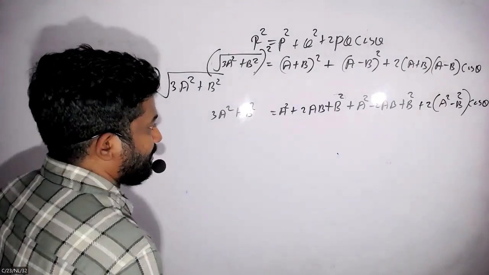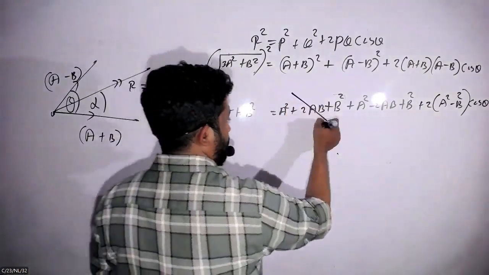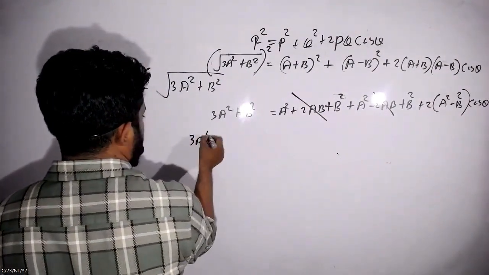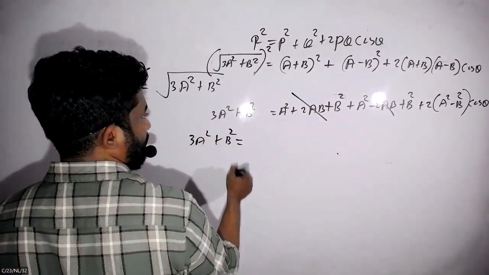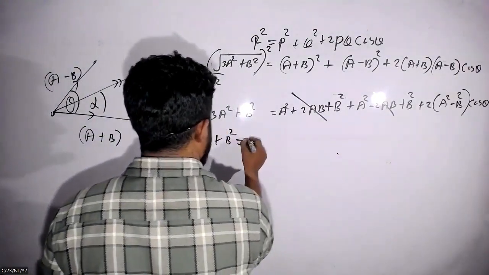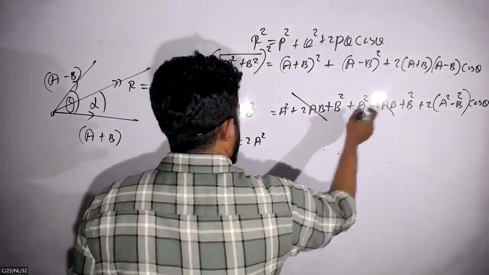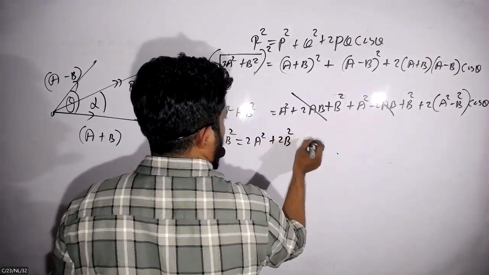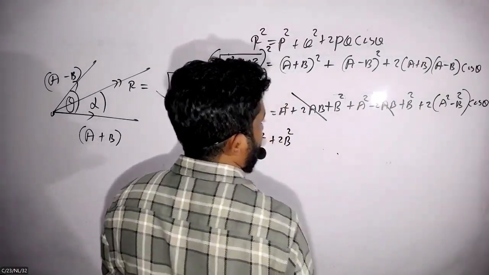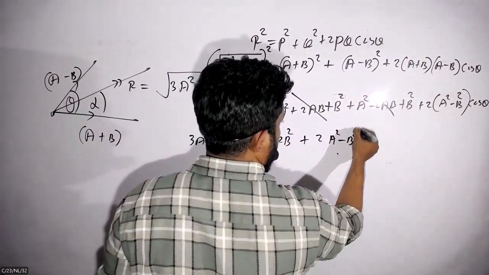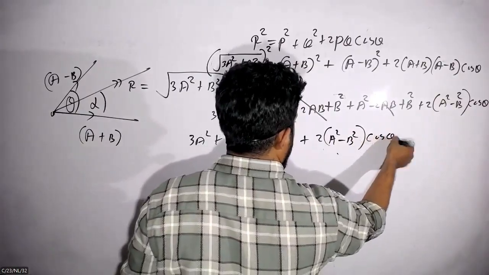Then, let's simplify. Plus 2AB minus 2AB. 3A squared plus B squared equals A squared plus A squared, 2A squared. Then B squared plus B squared, 2B squared, plus 2A squared minus B squared cos theta.